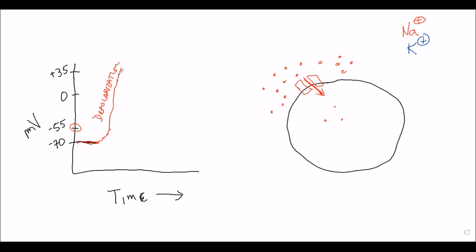What happens at positive 35 is that these sodium channels, bam, close very, very fast, so that sodium can't go back into the cell. Now what also happens at the same time that the sodium channel gates close, we also have potassium gates over here, and we have more potassium inside the cell.